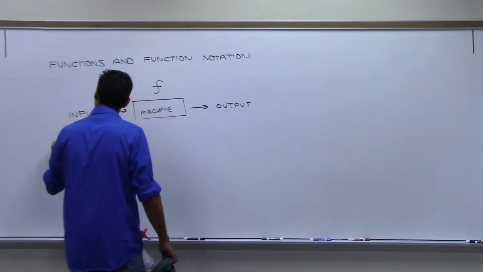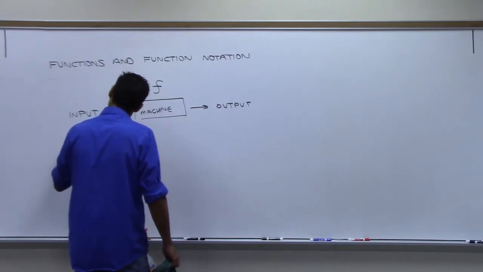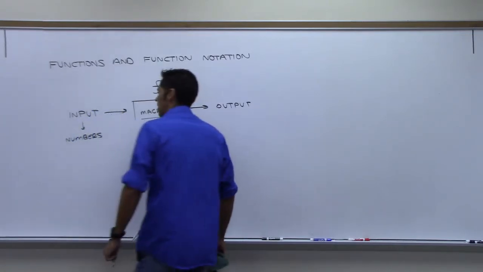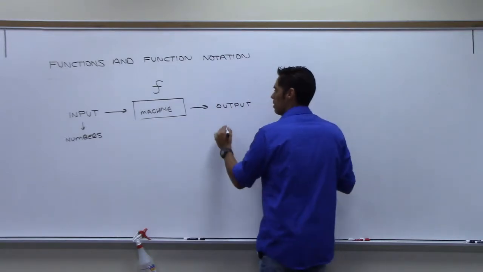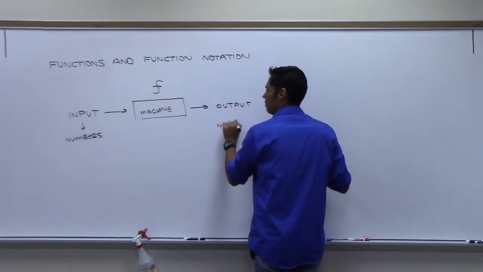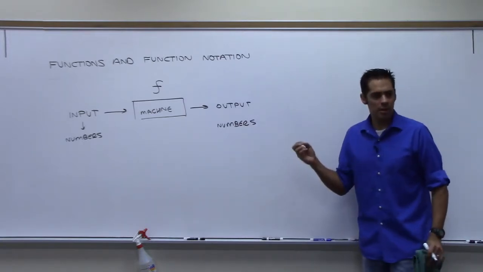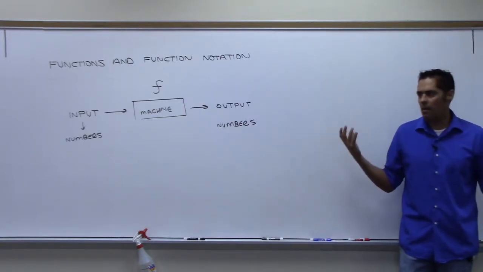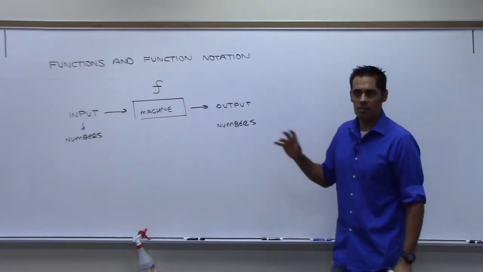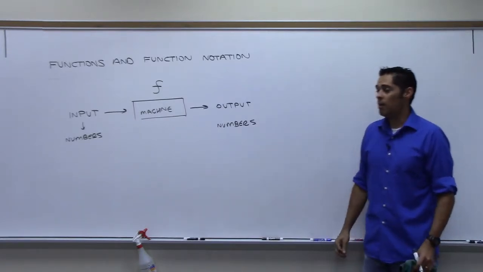So the input we're going to use are numbers, and the output of our machines are actually numbers also. So you take a number, you do something to it, and then you spit it out, and it's usually changed. It's not what it was when it went in.